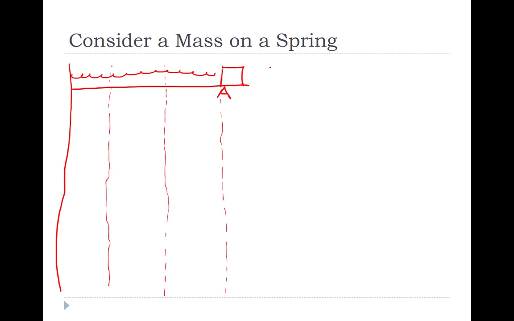At this position, all of the energy is elastic potential energy. The force on the mass is given by negative kA because of Hooke's law. Remember, F equals negative kx. And at this position, it's not moving.